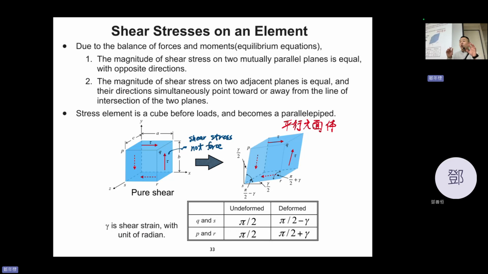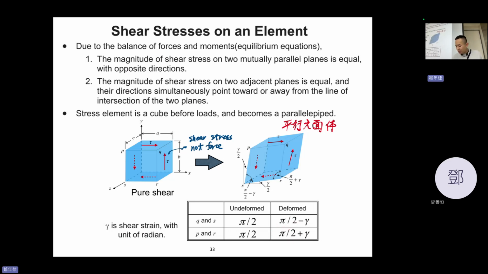So when you are talking about ratio, it can directly link to strain because strain is also a ratio. Radian has no unit. Well, radian is a unit, but actually this is a ratio. So physically speaking, radian is not a unit. It's unitless. So we prefer to talk about radian.